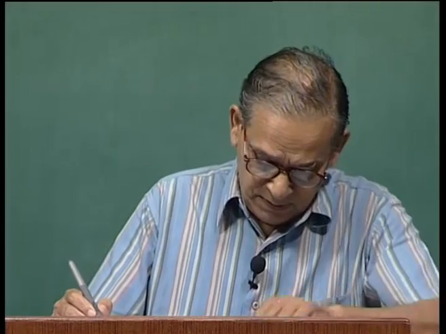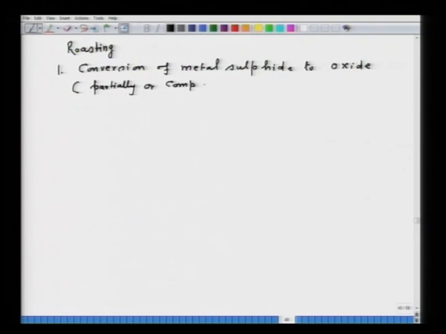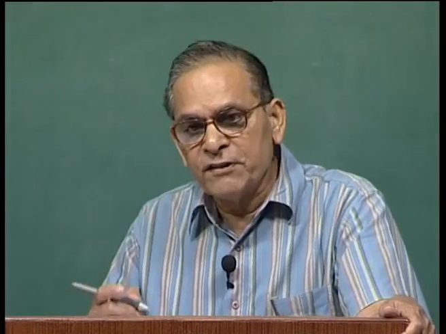So, first step roasting is performed, and roasting is the conversion of metal sulphide to oxide, partially or completely, that will depend on the type of metal, or sulphate or chlorides, because oxide can be easily reduced, sulphate can be easily dissolved, and that is why roasting is a first step to extract metal from sulphidic ore.